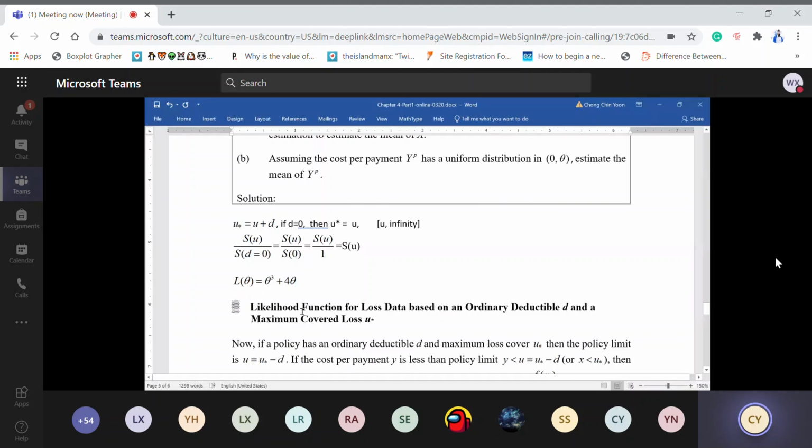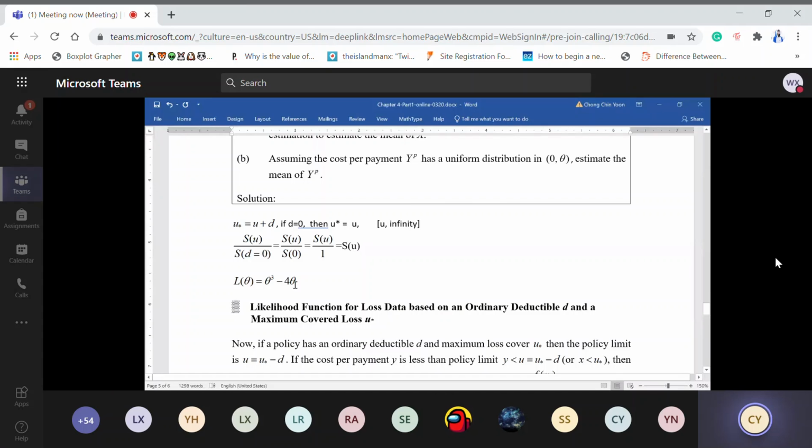If you take the log, it's more complex, right? I can directly differentiate. If I differentiate this, it becomes 3 theta squared plus 4. That's it. Of course, I should put the negative here, to be meaningful. So if my likelihood function is like that, why would you take a log?